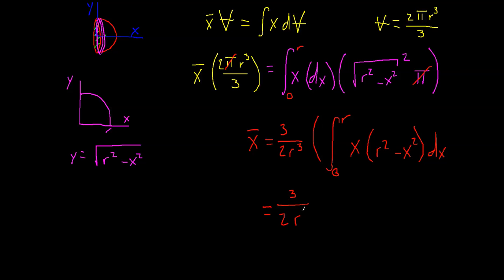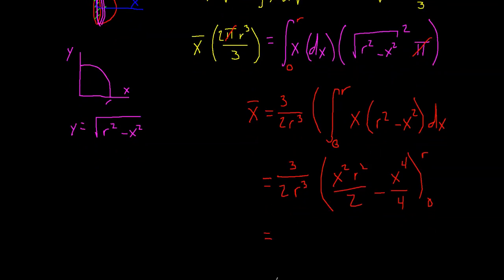3 halves r cubed. We integrate the x r squared and get x squared r squared over 2, minus, here it's x times x squared, x cubed. Integrating x cubed, we get x to the 4th over 4. We evaluate this from 0 to r.